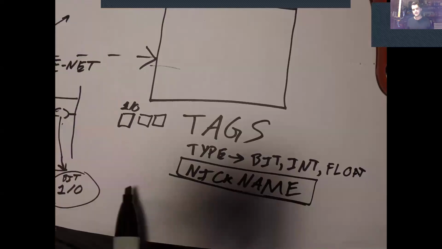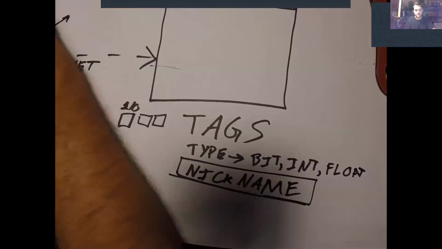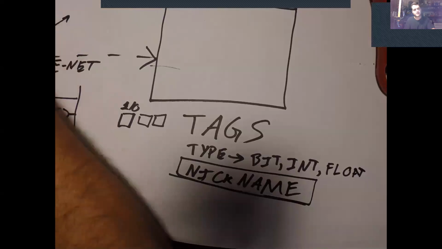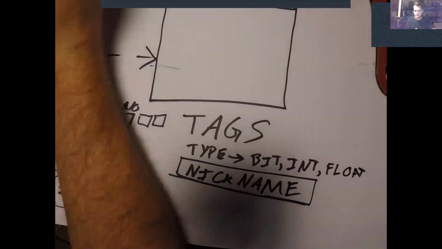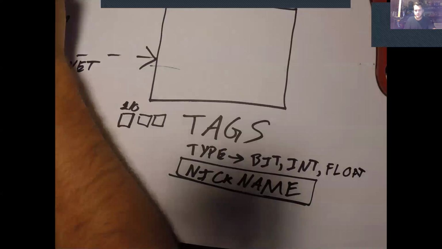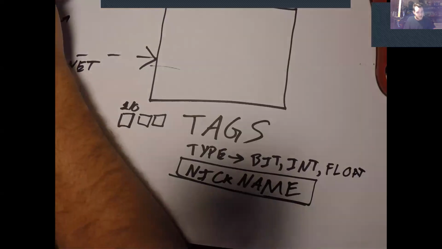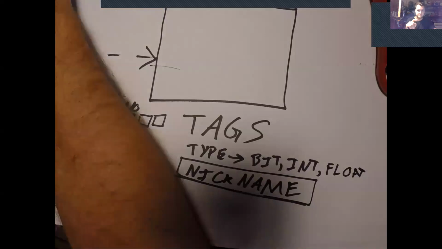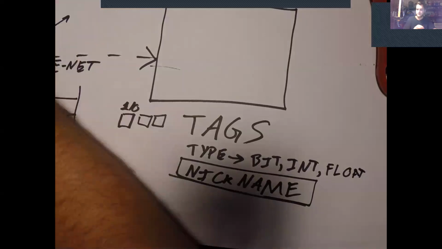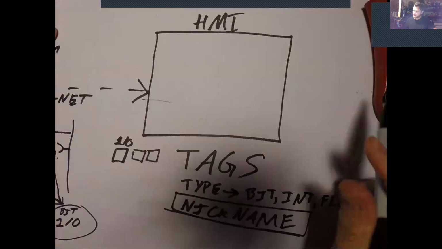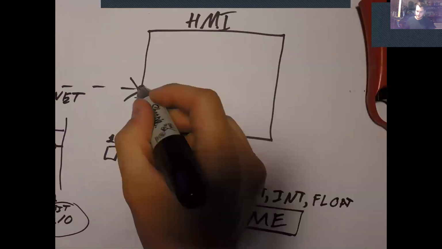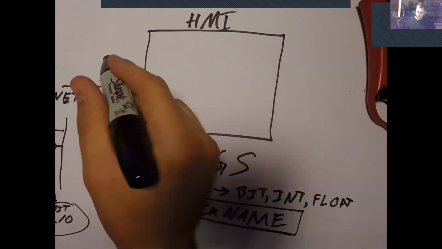Because when you assign a nickname to this tag, you're creating an addressing system between the PLC and the HMI. So if I name my bit Bob and in the PLC, I say set Bob to 1, then over here in the HMI can go, okay, I want to know what's up with Bob, right?